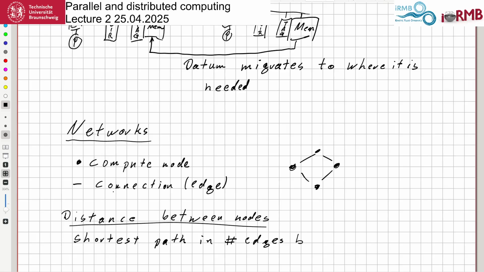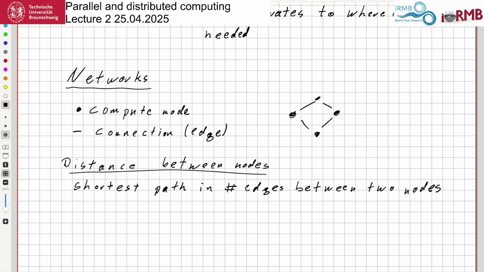But what we count here is the steps, so the number of edges that we would have to go through to actually get to a place. Yeah. So we come to the examples in a minute. So this is the distance.